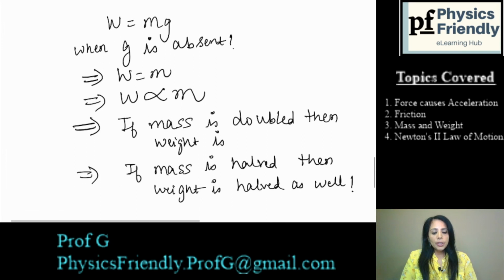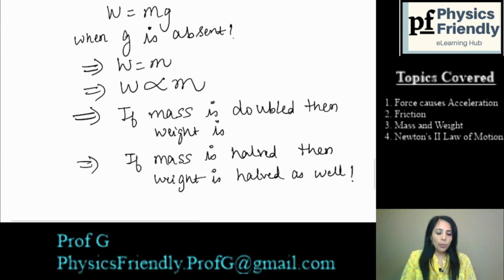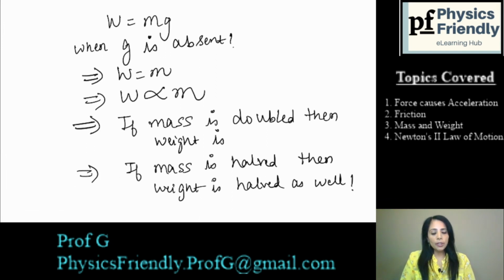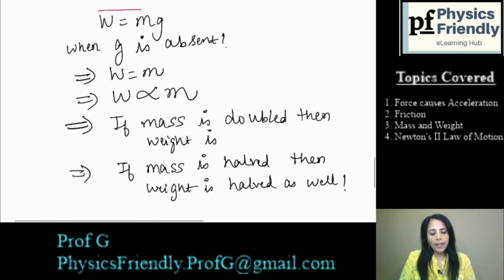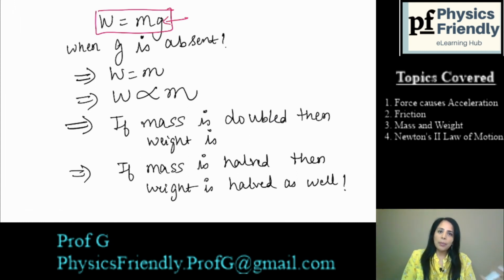Now the relationship between mass and weight is given in this particular equation. So this is what we have now. Weight equals mass times gravitational acceleration. g is our gravitational acceleration. Let's say gravitational acceleration is absent, right?